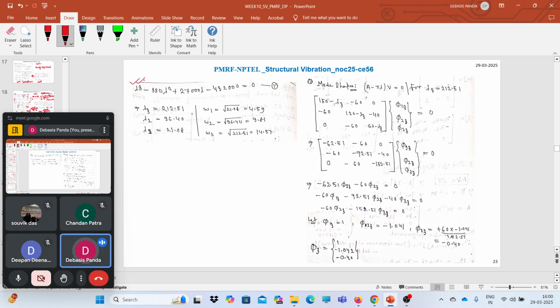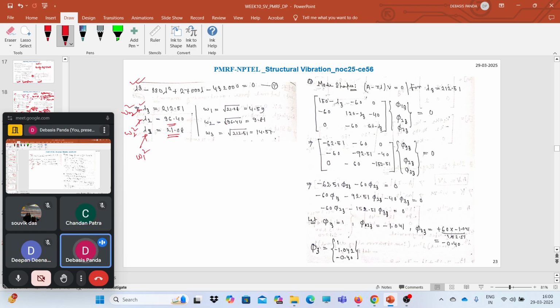So that was the final equation, and lambda 1 comes as 21.08, lambda 2, and so on. These are nothing but omega 1 square, omega 2 square, and omega 3 square. I will suggest you should also do the same exercise on pen and paper step by step, so that you understand the process and how we can solve it easily, effortlessly.